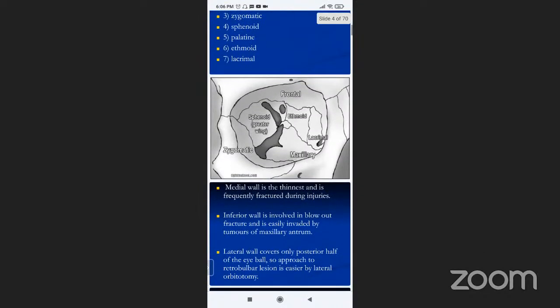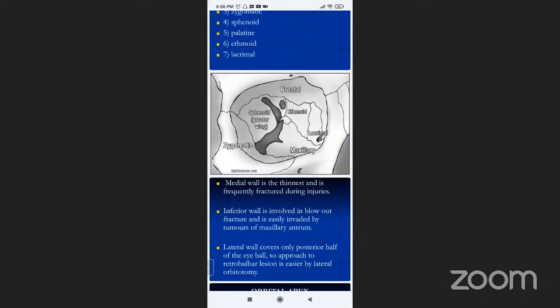And coming to the applied anatomy, the medial wall is the thinnest wall. That is the lamina papyracea, that area of the ethmoid bone. That is the thinnest portion. So it gets frequently fractured during blowout fractures. Blowout fracture means a blunt force, like a fist or a cricket ball, which strikes against the orbit, closing the orbital outlet, so that the intraorbital pressure will increase and lead to fracture of the orbital bones because of the pressure waves.